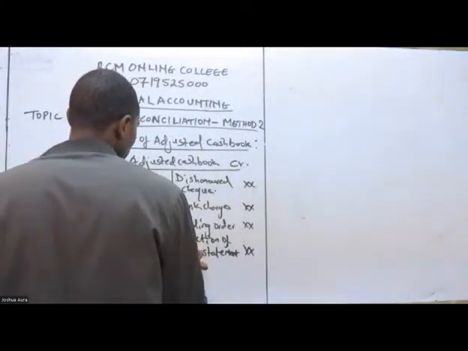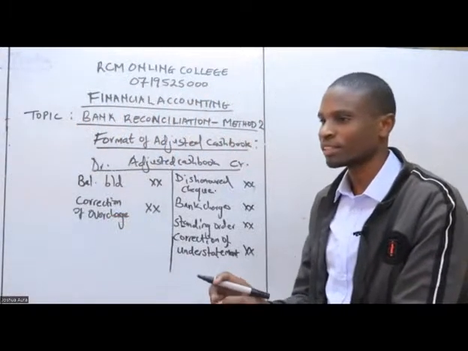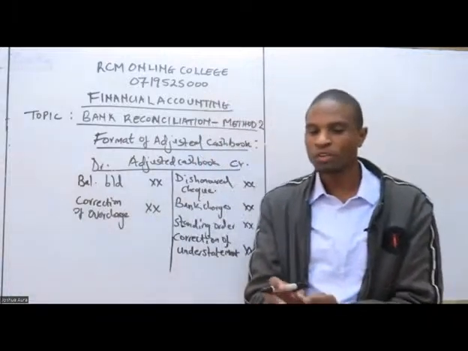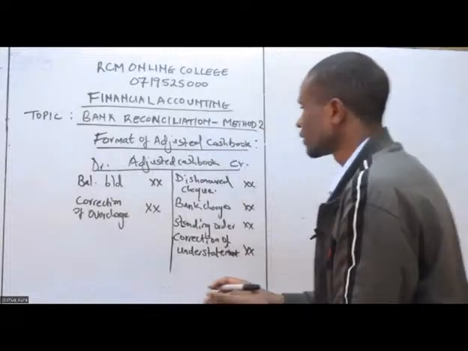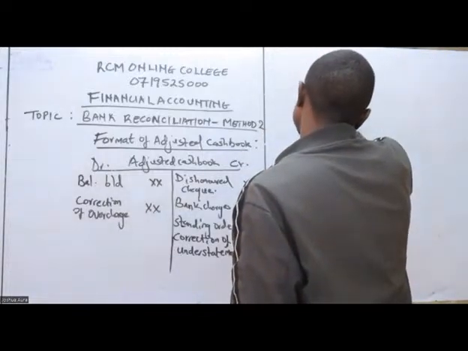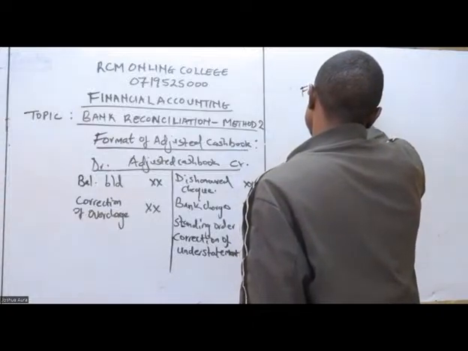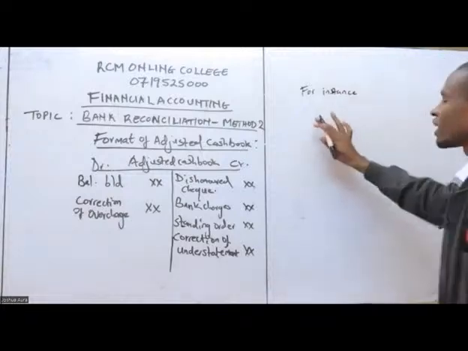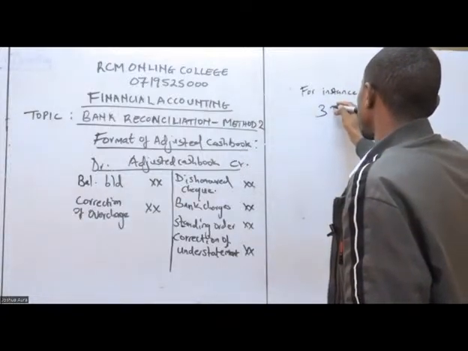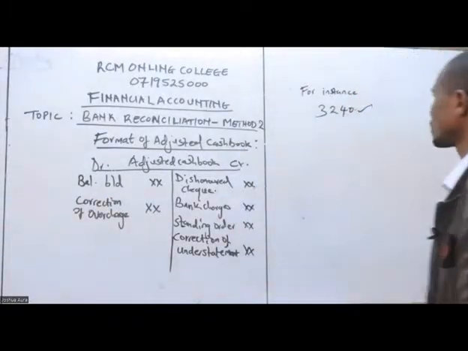And for overcharge or overstated, that means you had a transaction, for instance, whose value was 32.40.